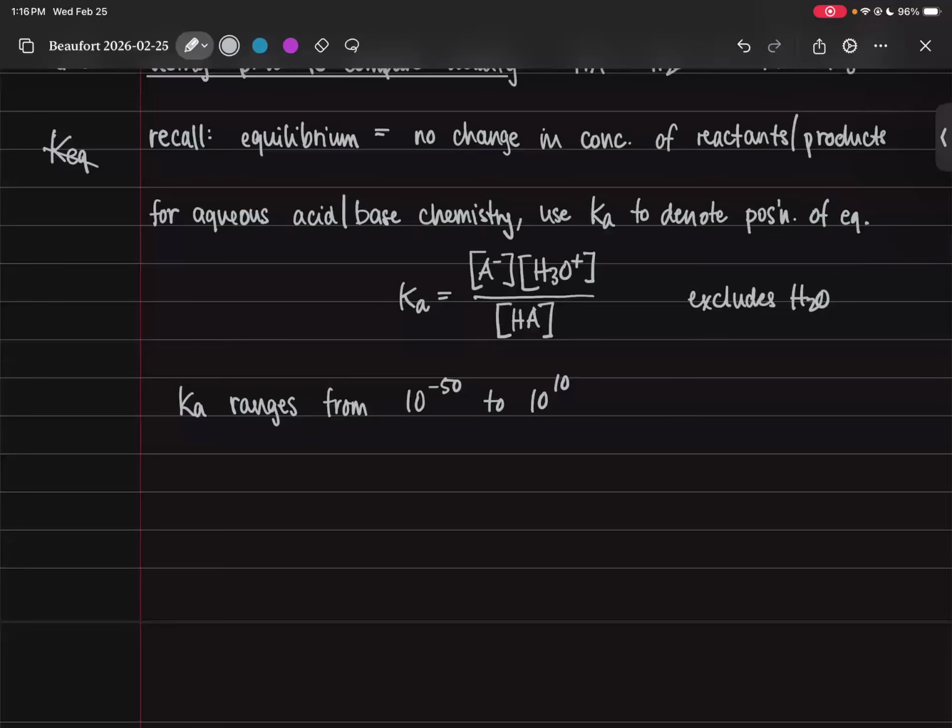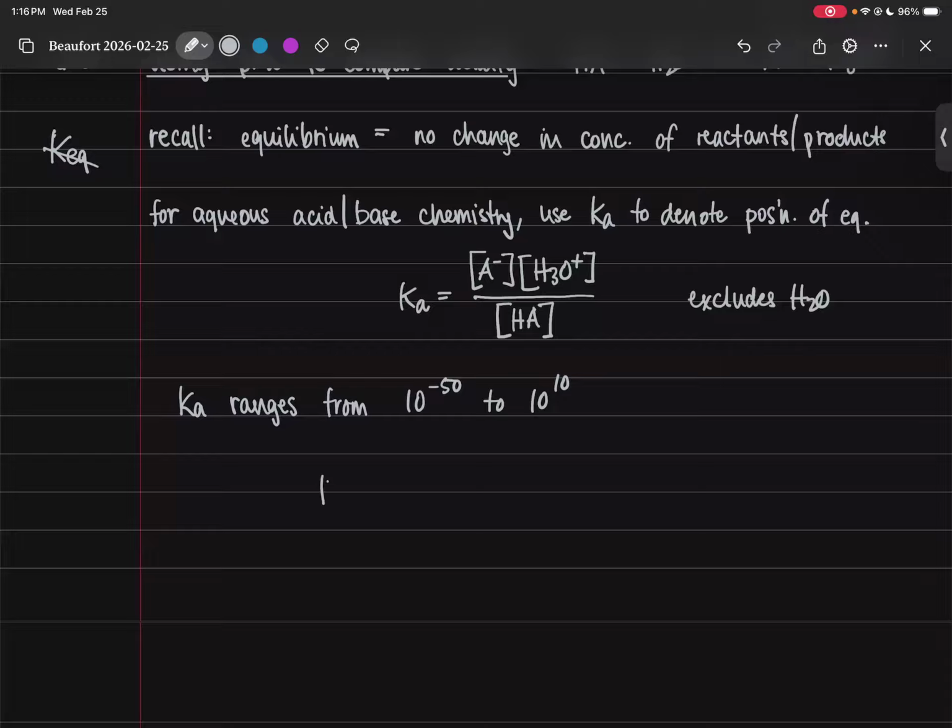So huge range of Ka values, 60 orders of magnitude, which is 60 decimal places. And to make things a little bit easier on us, instead of using Ka, we're going to use pKa, which is just like pH instead of just the concentration of H.